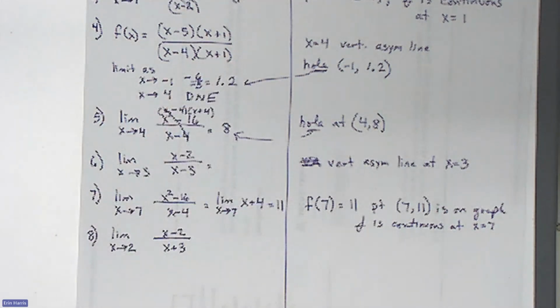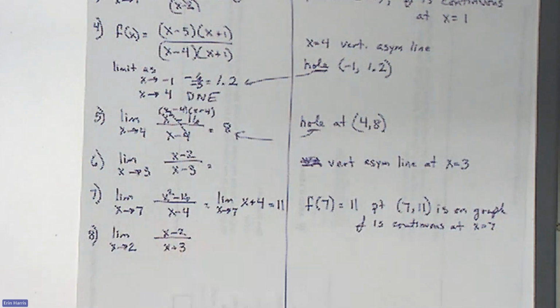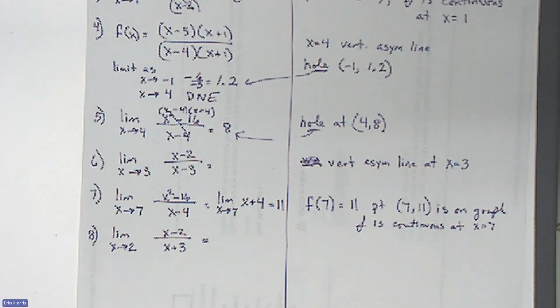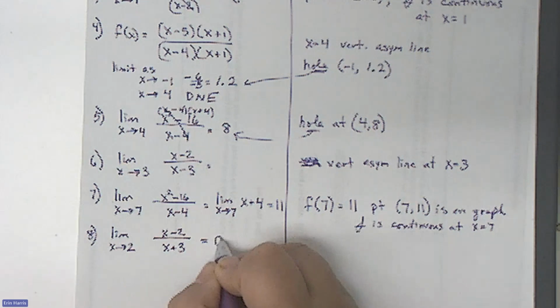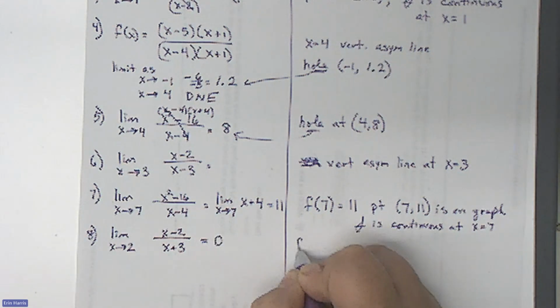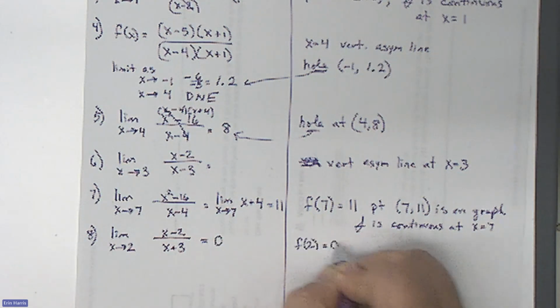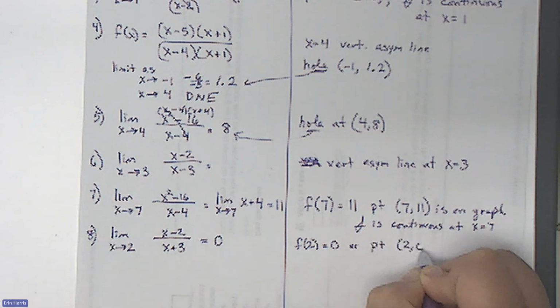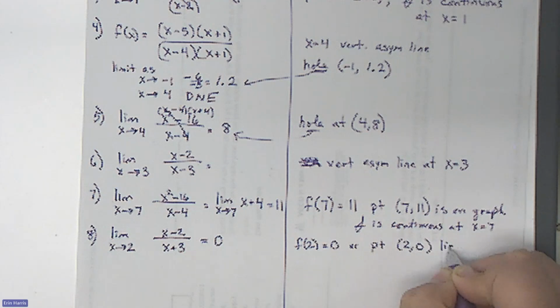So in that case, let's look at this one. Is this undefined because I get 0 on the top? No, I can have 0 on the top. This is 0. So what this means is that f of 2 is 0, or in other words, the point (2, 0) lies on the graph.